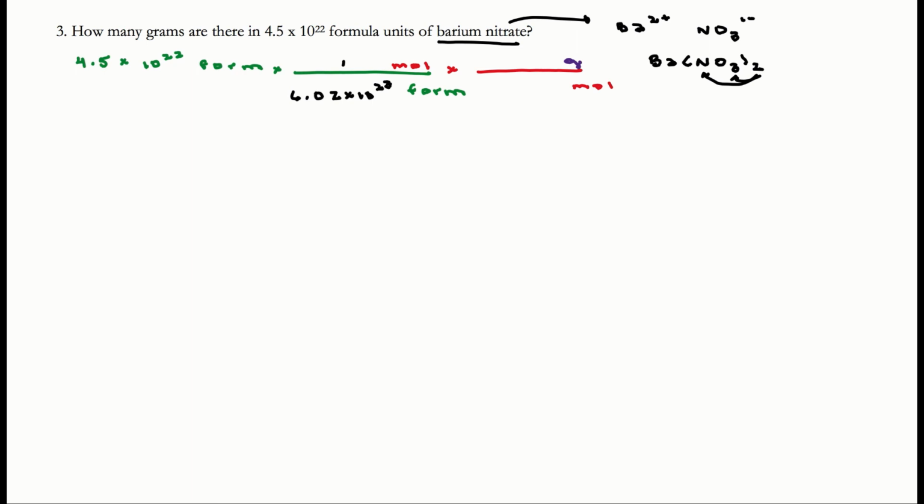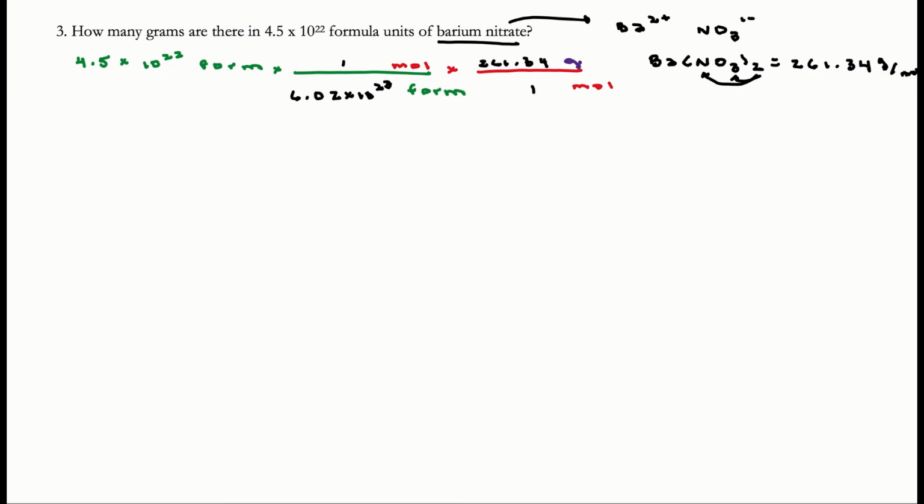And so what I get for my molar mass of barium nitrate is 261.34 grams per mole. So I'm going to plug that in up top. So it's going to be 261.34 grams for every 1 mole.